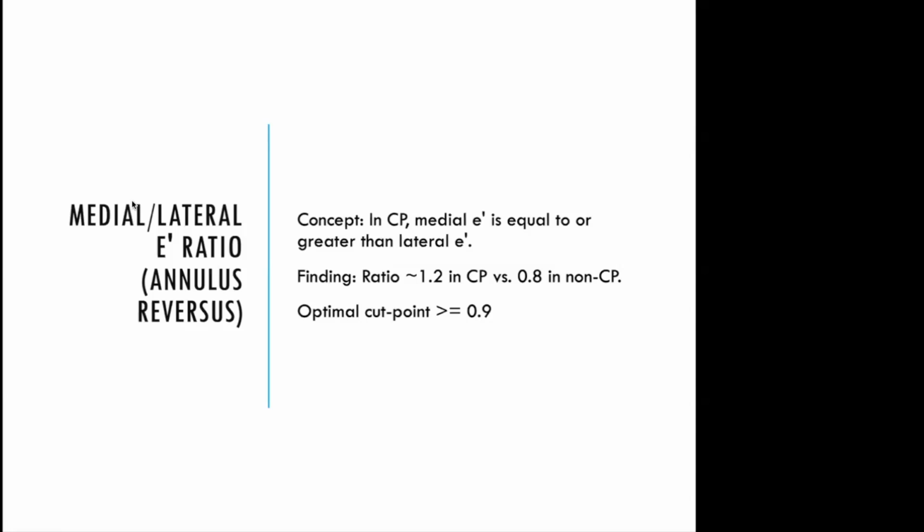This results in the medial E prime being equal or greater than the lateral E prime, whereas in normal cases, it's flipped. The ratio they found with constrictive pericarditis was 1.2 versus 0.8 in non-constrictive pericarditis. And the optimal cut point in terms of optimizing the sensitivity and specificity was greater than or equal to 0.9.